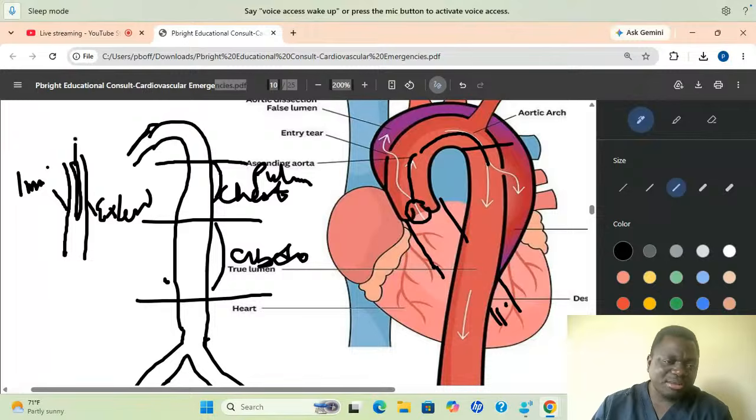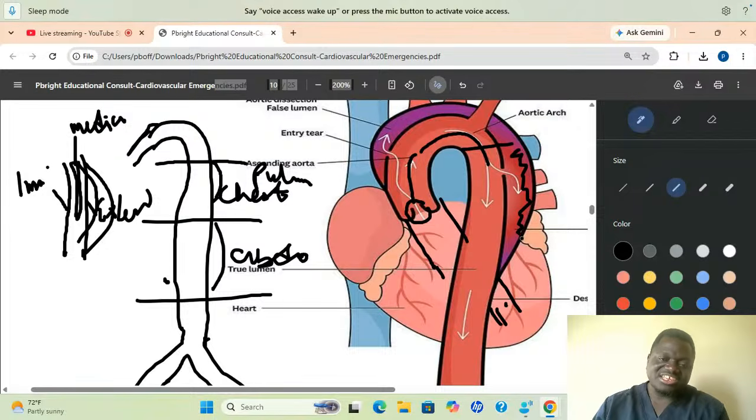When the external side and the muscle bulge out like this, this is called an aneurysm. It is swelling.